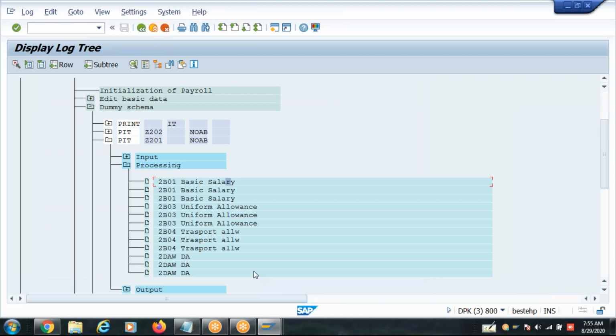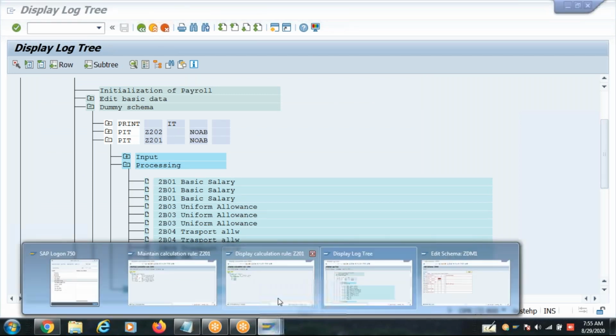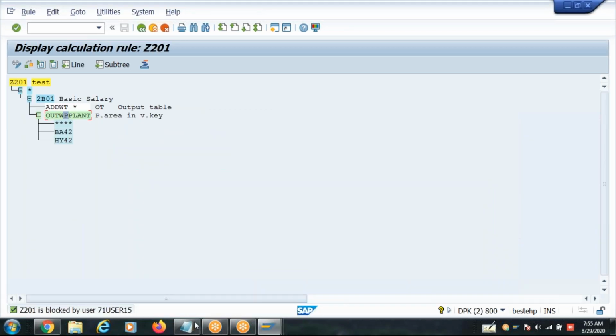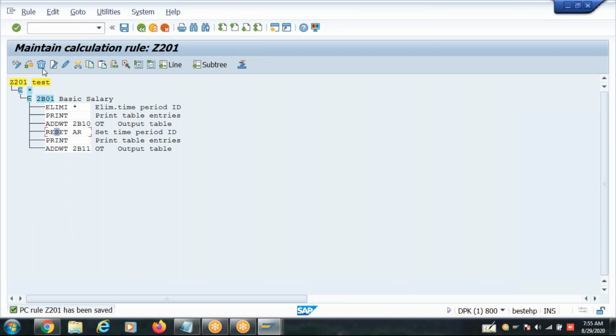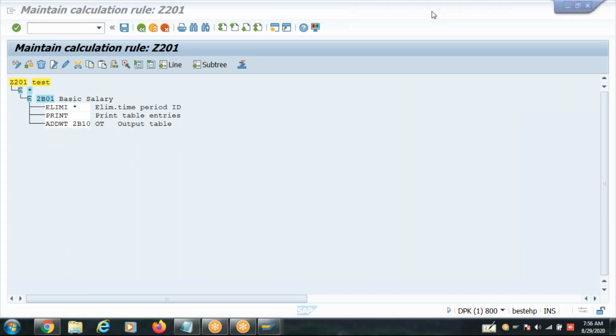Suppose I want to generate 2B10 with only, for example, the WPBP split. Only the WPBP split should be there in 2B10, not any other splits.